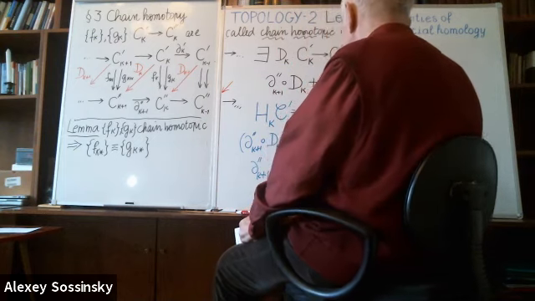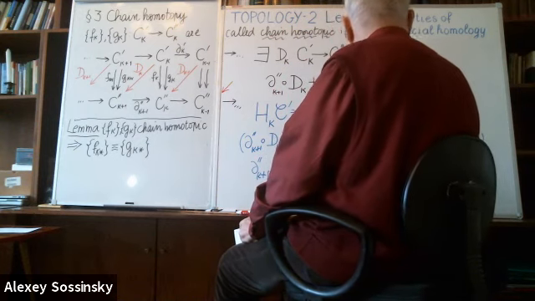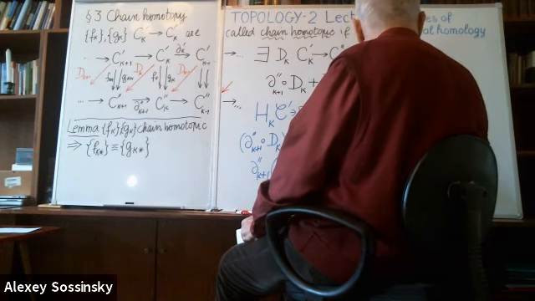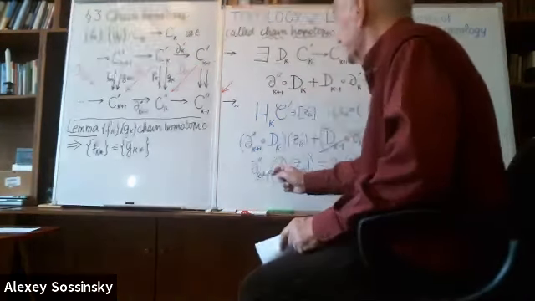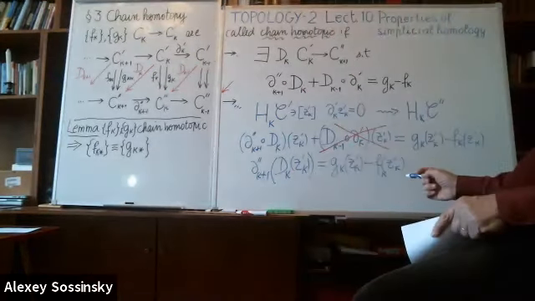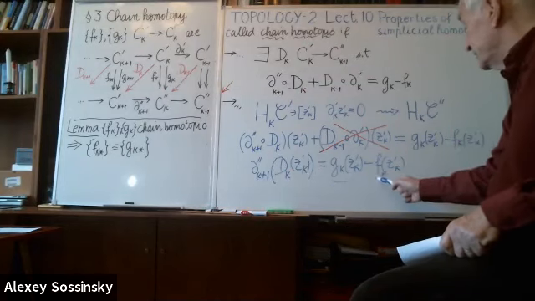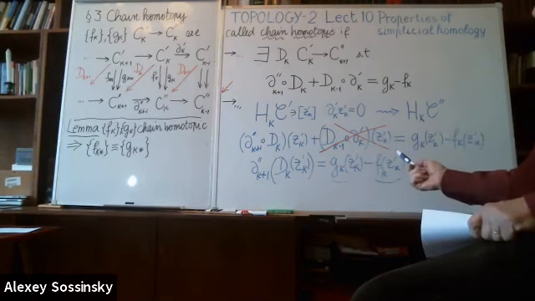So what is this telling us? Well, this last equality is telling us that these two cycles differ by a boundary. So these two cycles differ by a boundary.